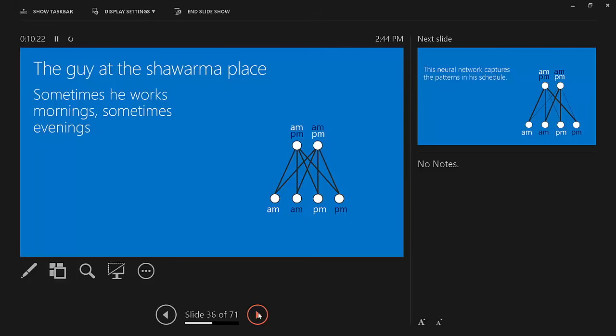Working in the morning, off in the evening, and off in the morning, working in the evening. Now, if we were to instrument this with sensors, we would have working in the morning, off in the morning, working in the evening, off in the evening, and it might be useful to represent his working patterns in terms of a couple of output neurons that combine those.